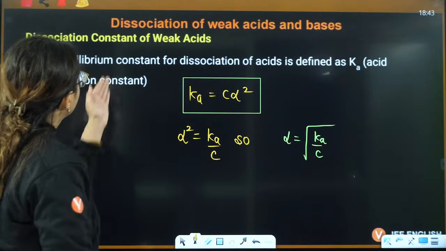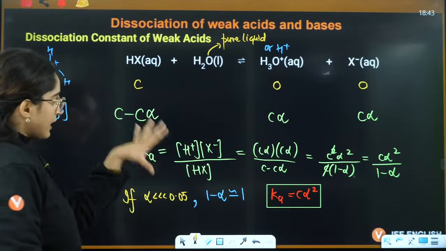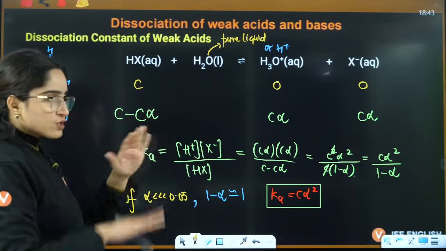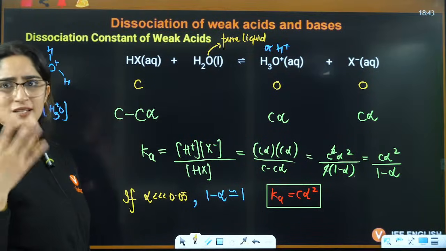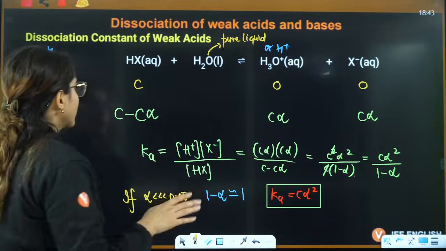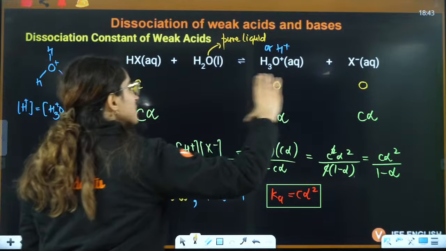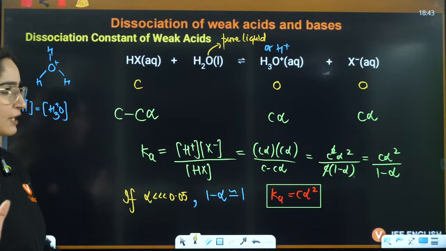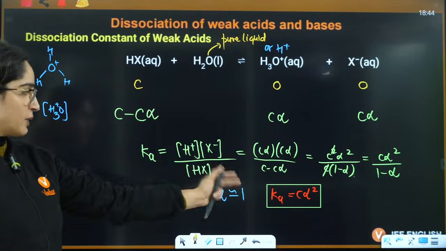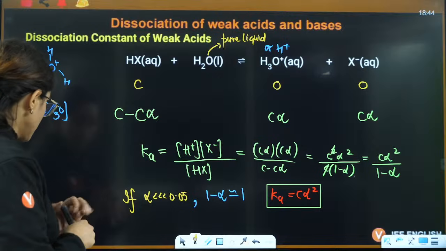What we have here, we have the value of Ka. Let me just recap what we have done. It's very smooth, you don't have to remember anything as such. This thing is the major part. After this, I have just applied the definition of Ka, that is product by reactants. Put it here, you will get Ka is equals to C alpha square.